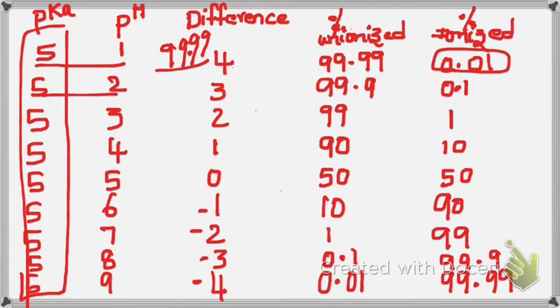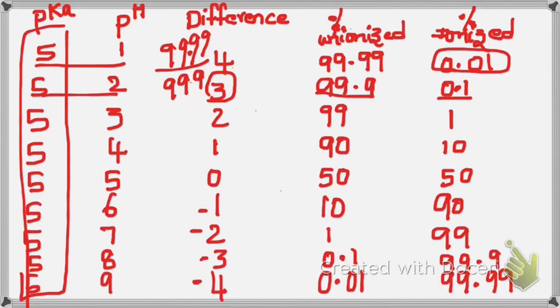So at pH 2, 5 minus 2, the difference is 3. So 3 nines: 99.9% exists in the unionized form, and 100 minus 99.9 gives 0.1, which is the percentage ionized.